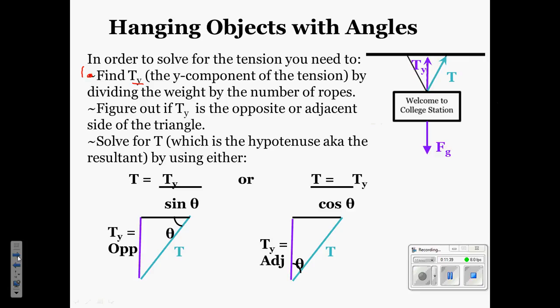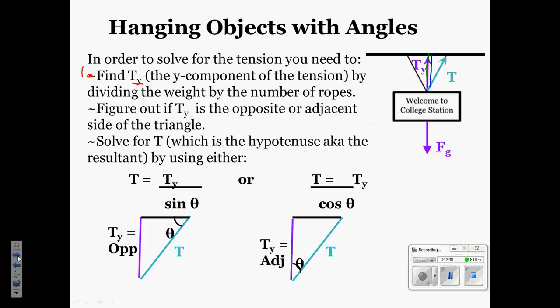Okay, so the first thing is, just like we said earlier, the mass of the object or the force of the object is going to be divided in two if there's more than one side of the rope. So although we only see one Ty, there's actually two Ty's because we have two triangles, and one triangle has to have three sides. So I'm going to put a little green line right here on this side to represent one Ty, and I'll put a little blue line on this side to represent the other Ty.